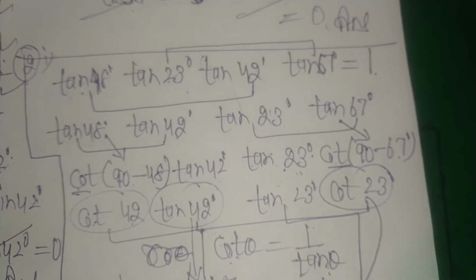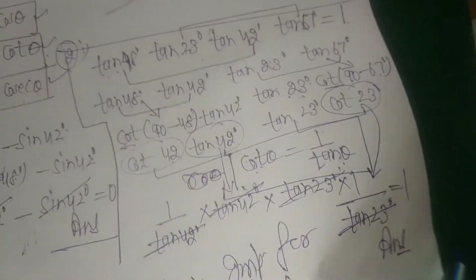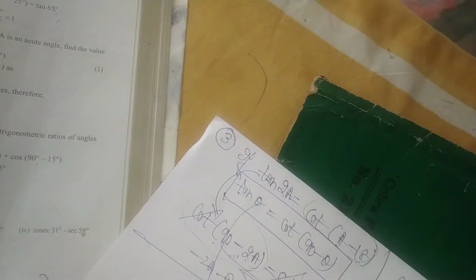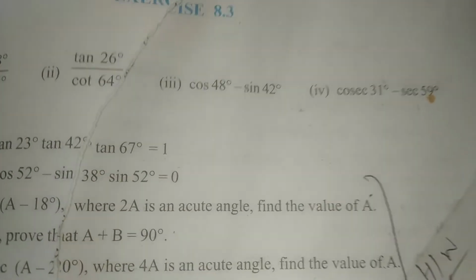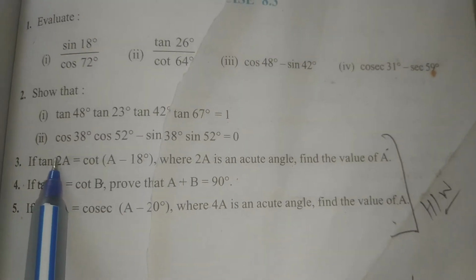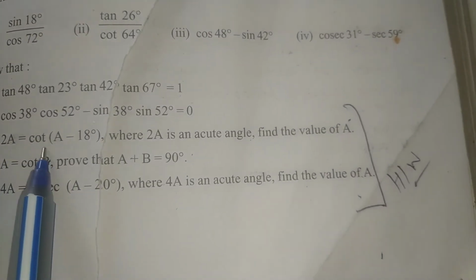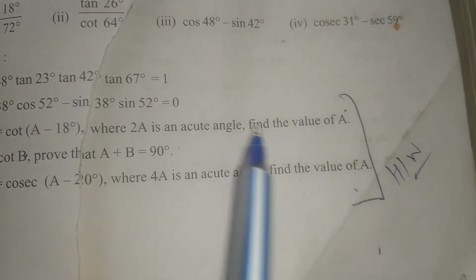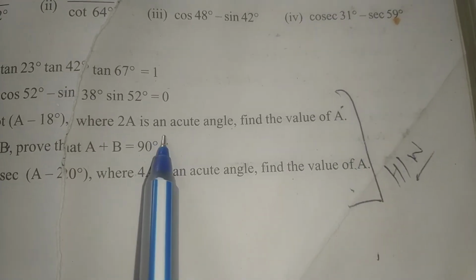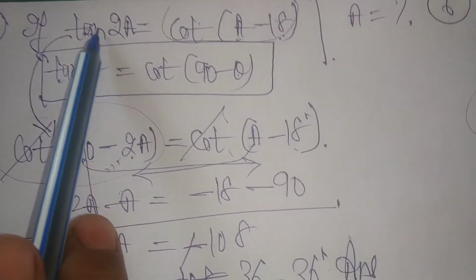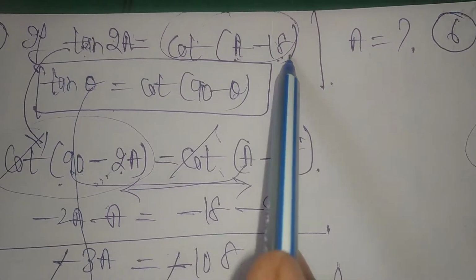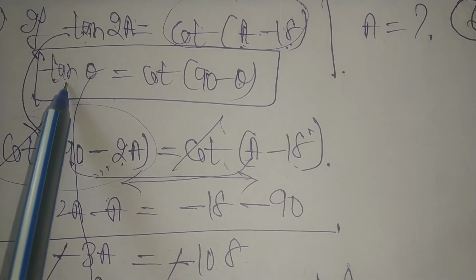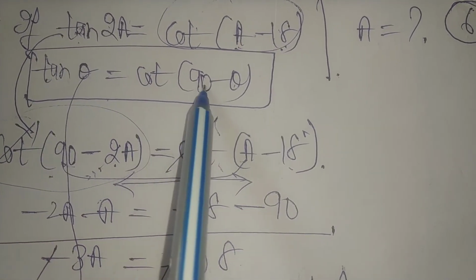So come to the next question, that is question number 3. In the book, page number 189, 10th class: if tan 2a equals cot a minus 18, find the value of a. The condition is given. So now tan 2a equals cot this. Students, again I am telling that tan theta equals cot 90 minus theta.